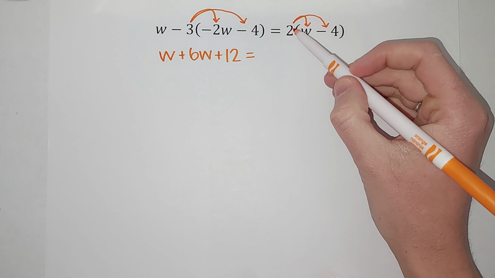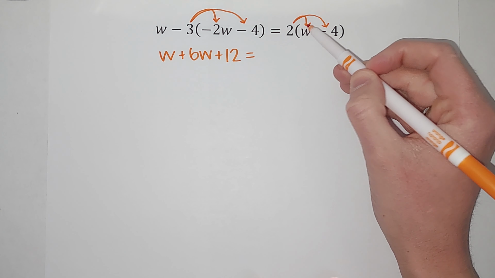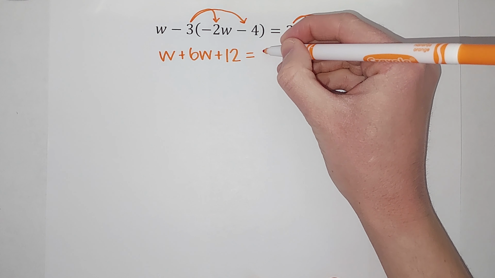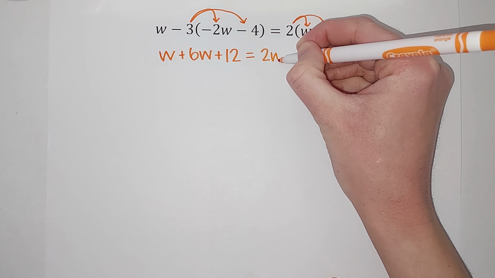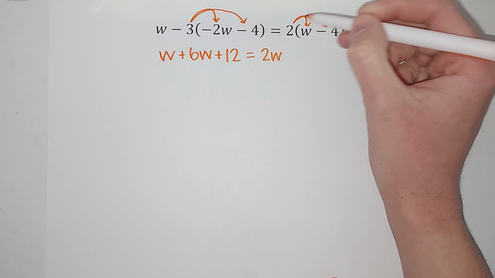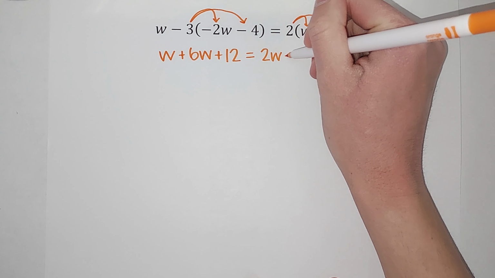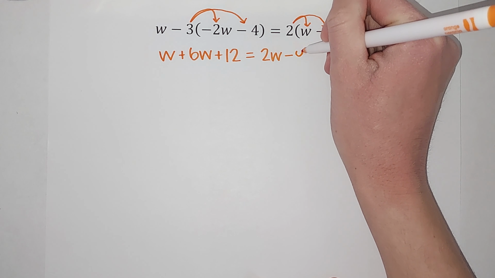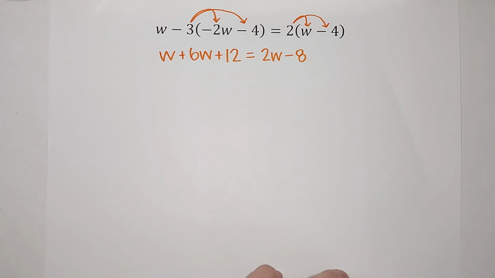So now on the other side, we've got 2 times W, which is 2W, and then 2 times a -4. Positive times a negative gives me a negative. 2 times 4 gives me 8. Okay, so now my goal is to get all my letters together, variables, and all my numbers together, okay?